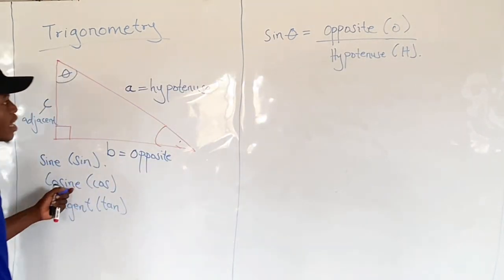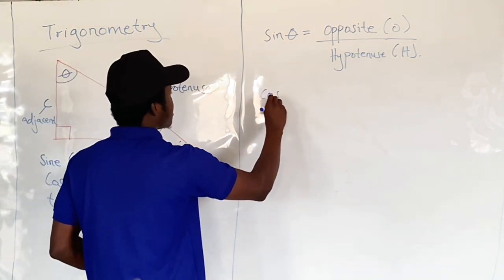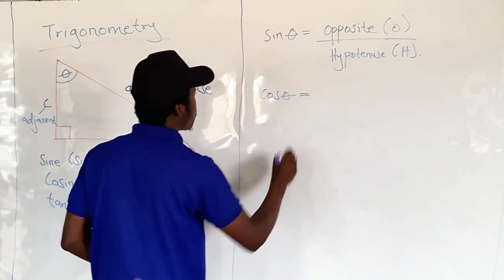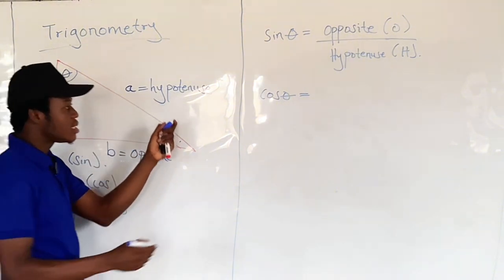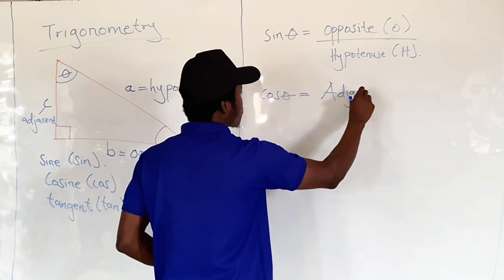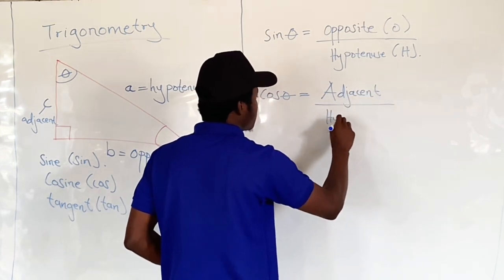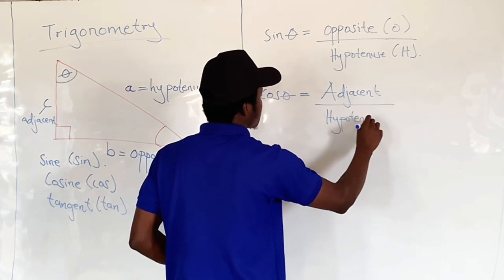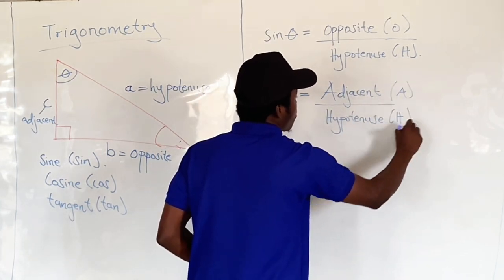Also, the cosine or cos of an angle, cos of the angle theta, is always equal to the adjacent side over the hypotenuse. So cos theta is equal to adjacent over the hypotenuse, A for adjacent and H for hypotenuse.